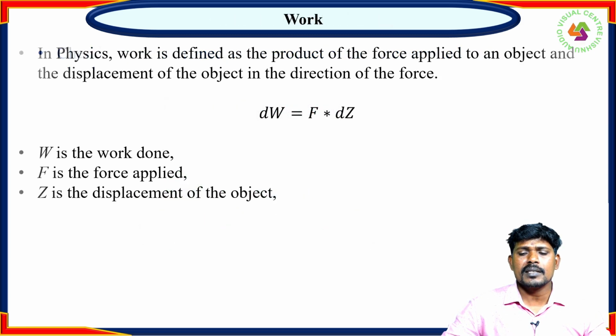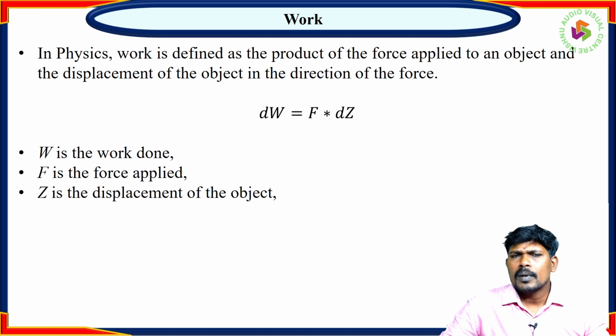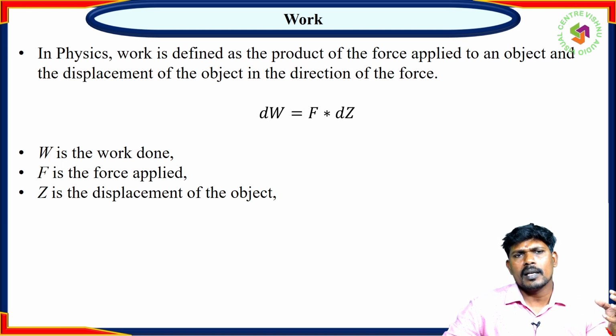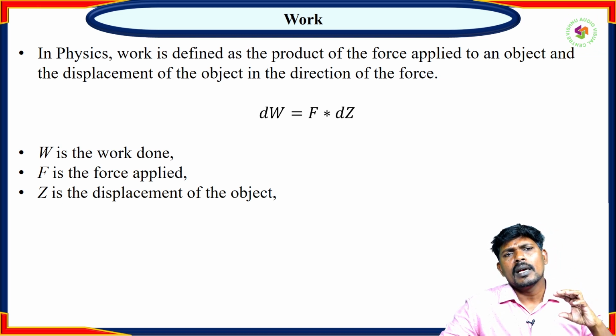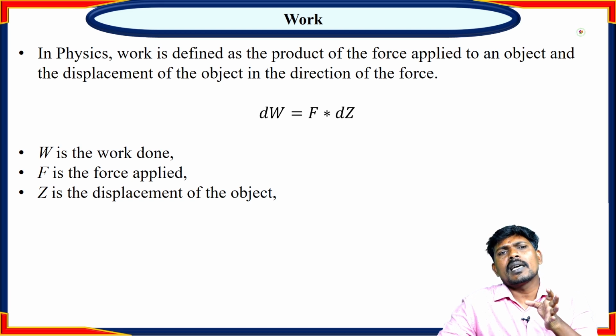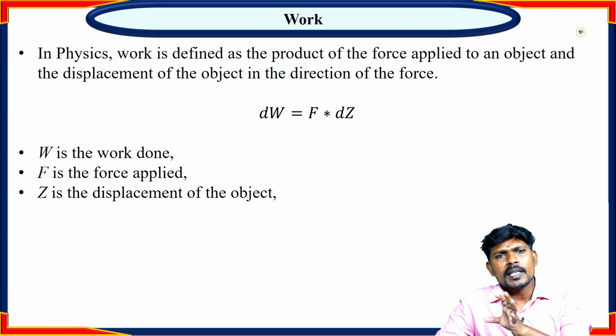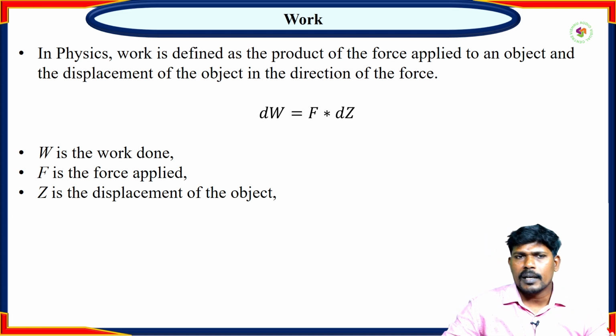The next topic is work. Generally, by the physics definition, when a force is exerted on a particular body and that force creates a displacement in that body, then you can say some work has been done.